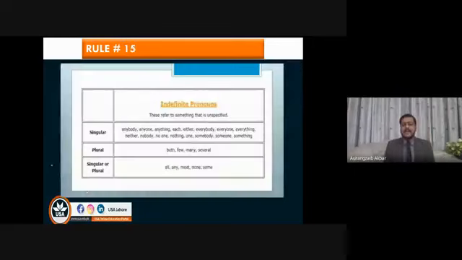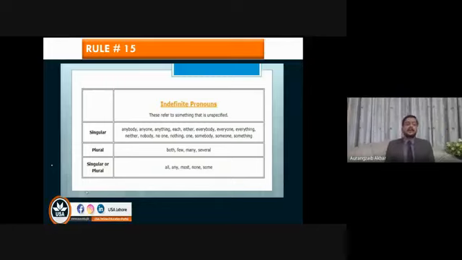Then have a look at rule number 15. It is related to the indefinite pronoun. An indefinite pronoun is a pronoun where we are not sure how many people it is referring to. These refer to something that is unspecified.